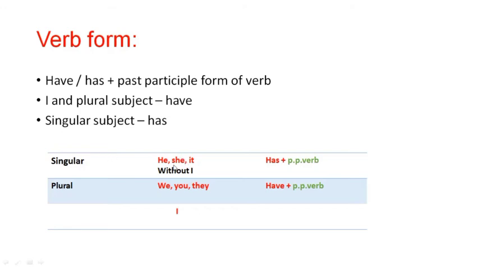For a singular subject, you have to write "has" and the past participle form of the verb. For plural, we, you, they, and I. There is an exception: only I should be the exception in singular. So for I also you have to write "have," plus the past participle form of the verb.